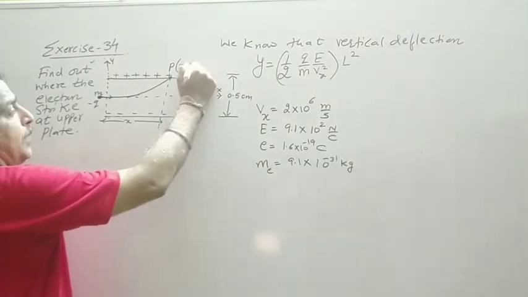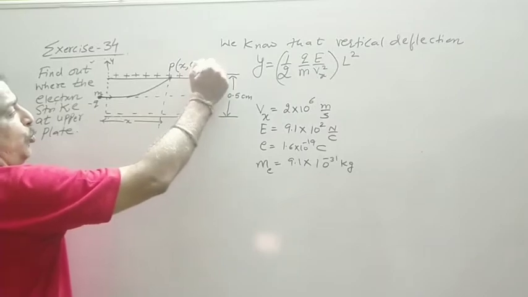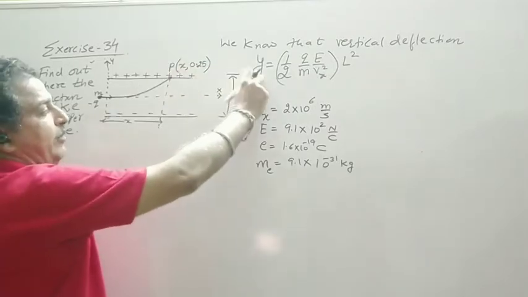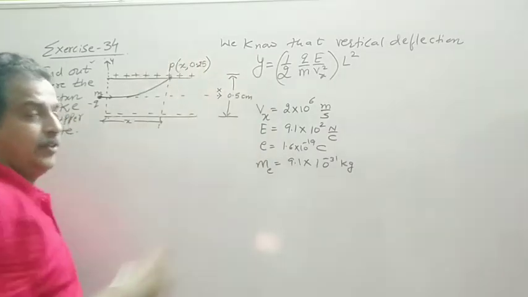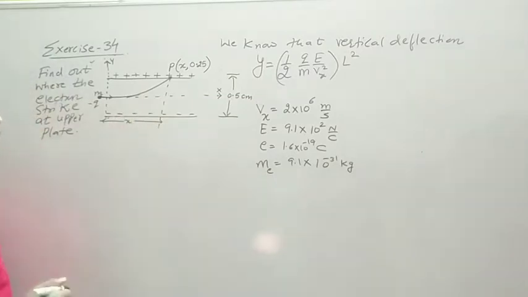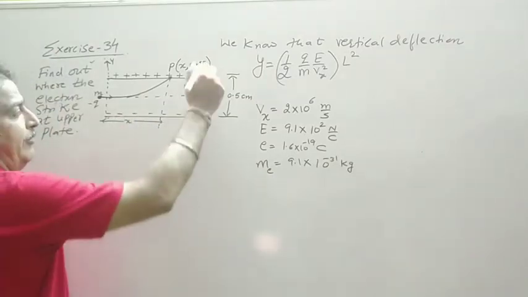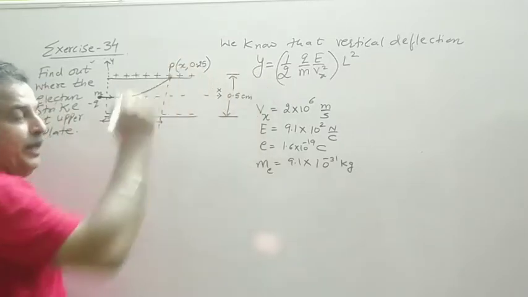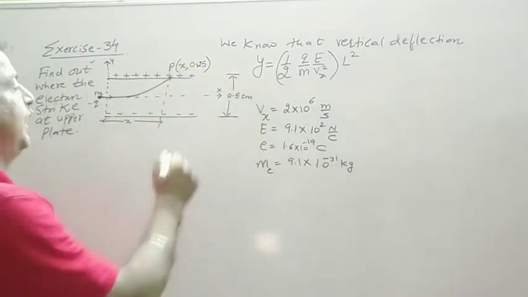So x, and the distance between these two plates is 0.5 centimeter, so here it becomes 0.25. This is the half, because in our derivation this y was the deflection. Y is the deflection from its original path, so it should be half. So when we place a value for y, it should be 0.25 centimeter.